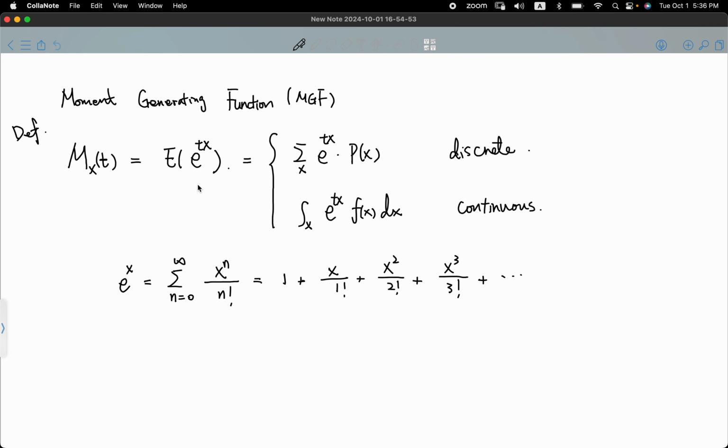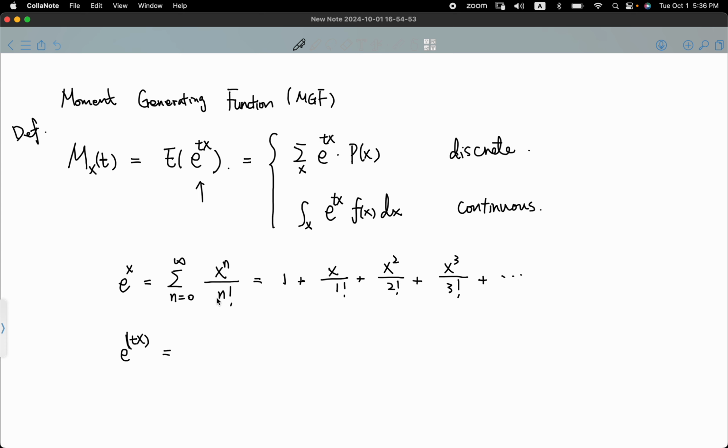But for the moment generating function, what we have here is e raised to the power of tx. So what you can do is consider x as tx, and replace all the x with tx in this infinite sum. Then you will result in this particular expression.